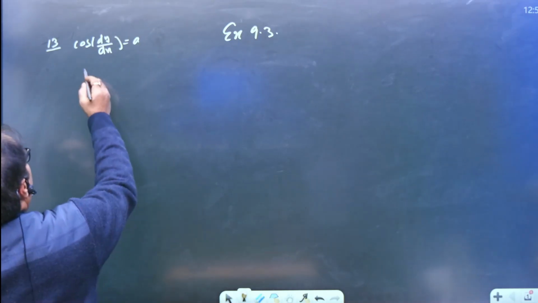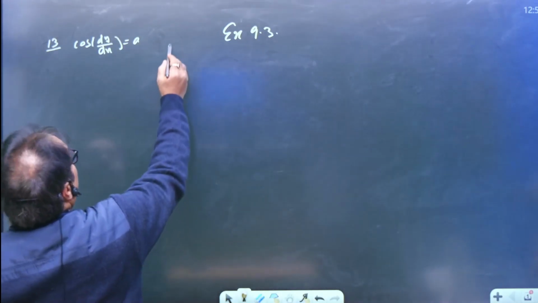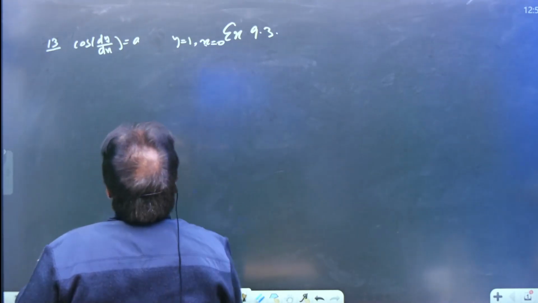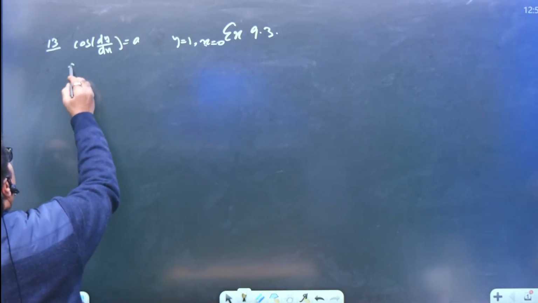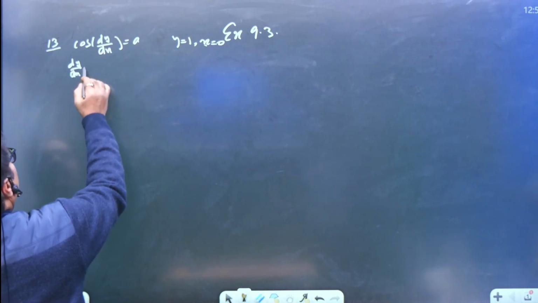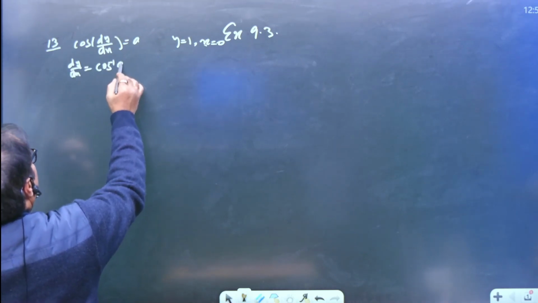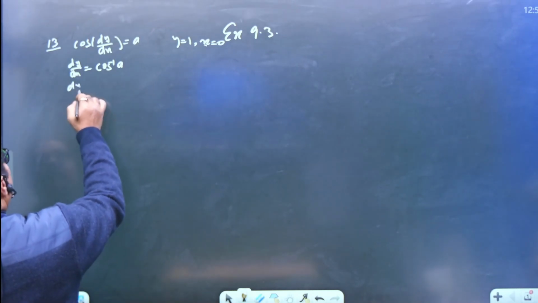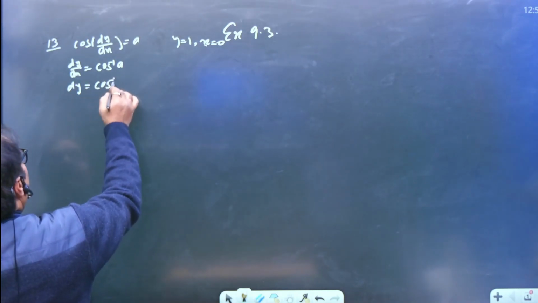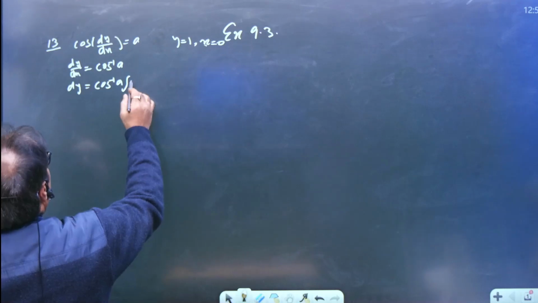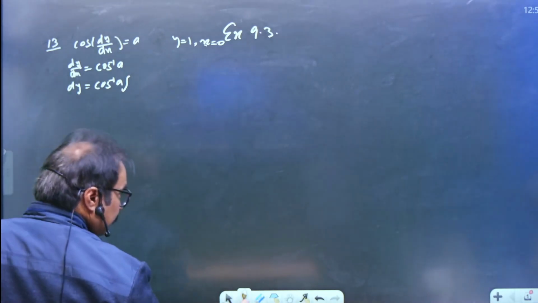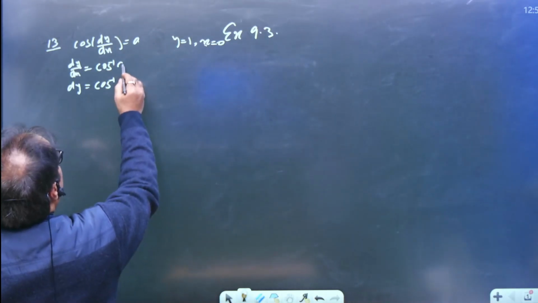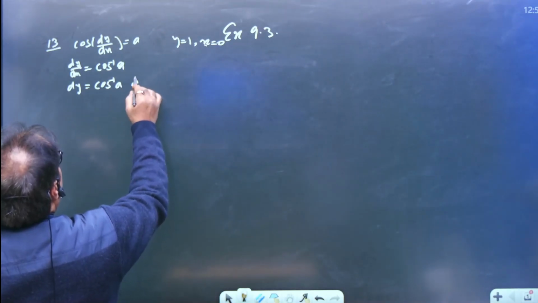So we can write, and when y is equal to 1, the solution is given, y is 1 and x is 0. So we can write dy by dx is equal to cos inverse a. Okay, and now apply the variable separable. So dy is equal to cos inverse a, which is constant, dx.